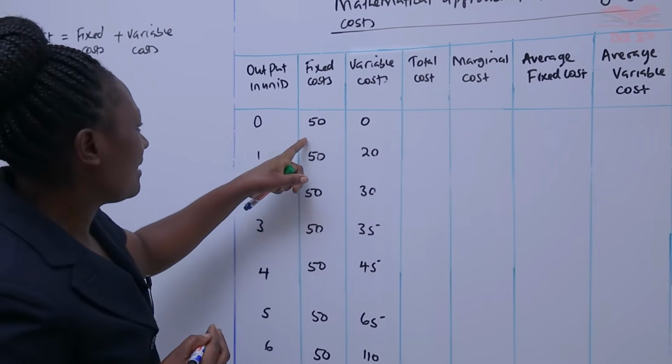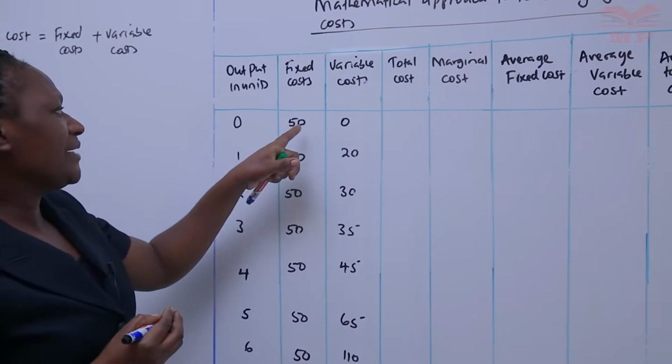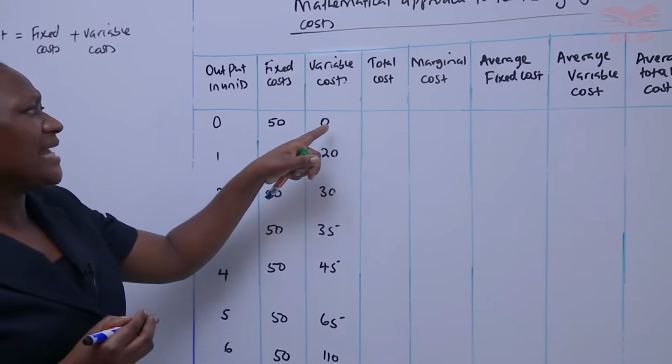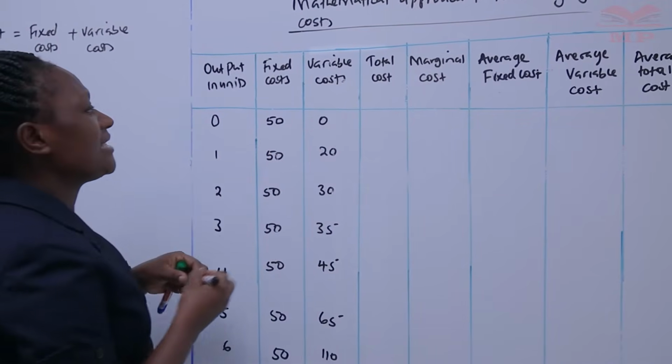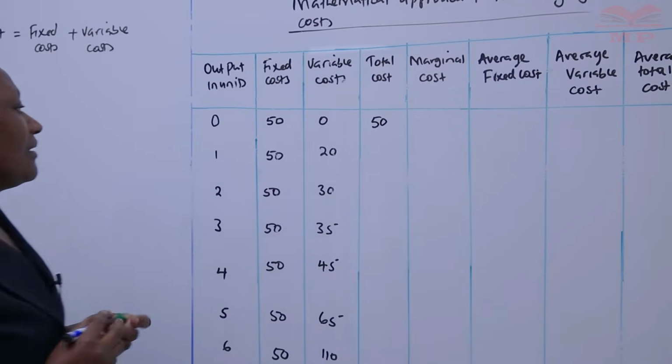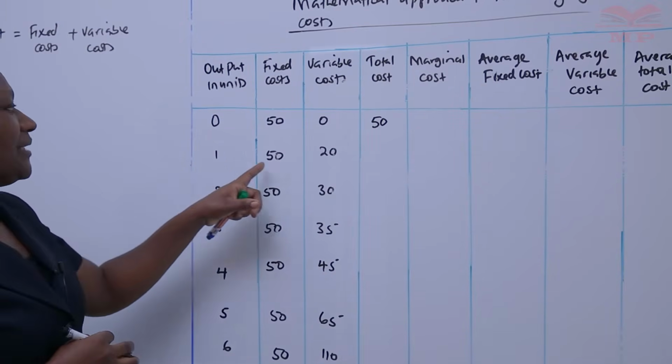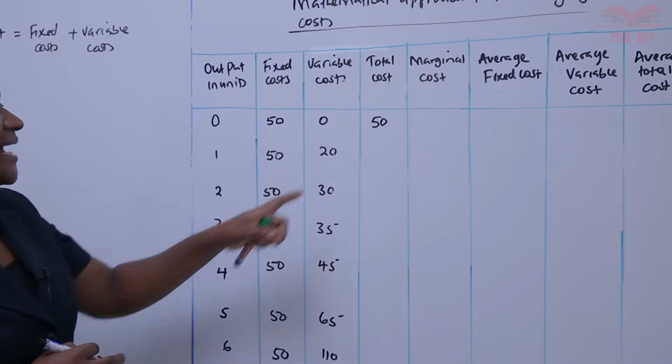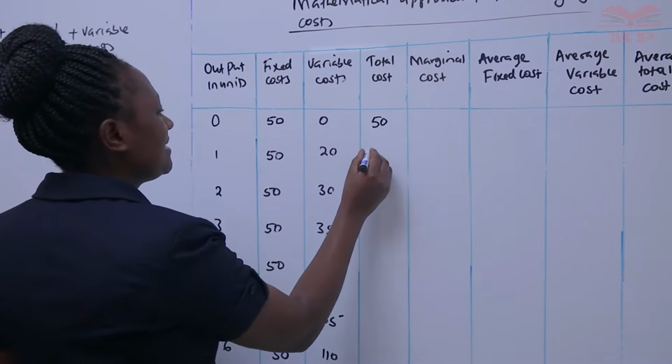For this, at 0 output, we are taking 50 plus 0, which will give us a total cost of 50. Then for the next unit, we have fixed cost 50 plus 20, which will give us 70.